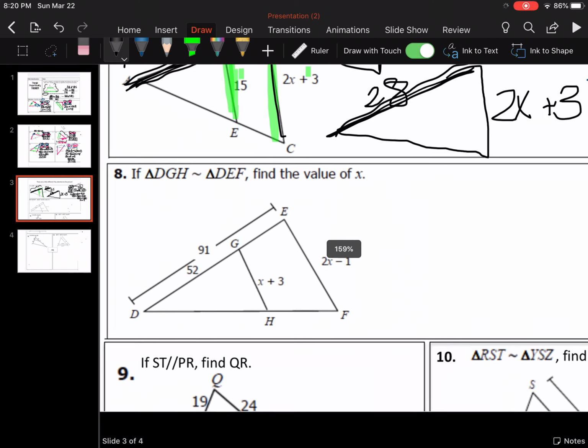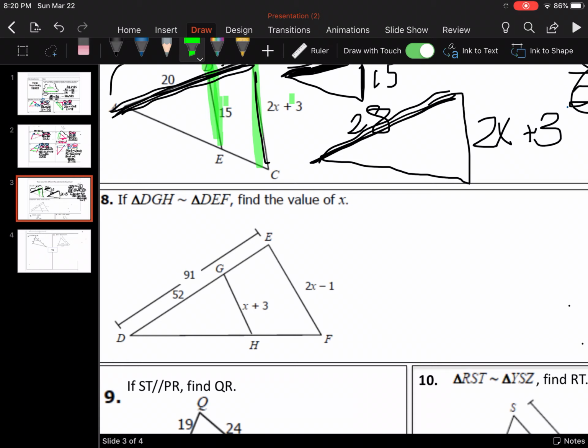Alright, one on the bottom of that. Let's try to follow the same procedure. Again, because they gave us the whole bottom leg, we have to split these into two. So this triangle here has 52 as one side and x plus 3 as the other.